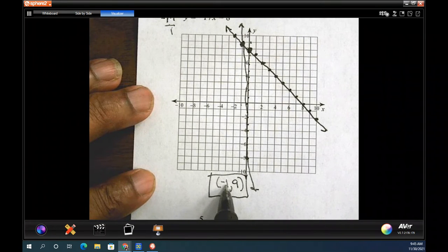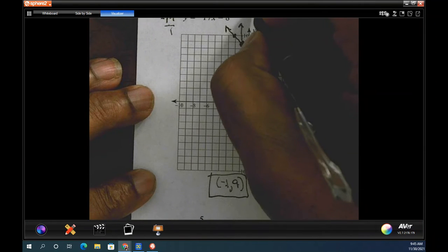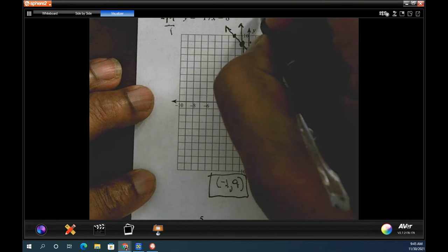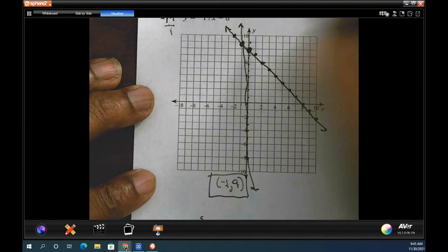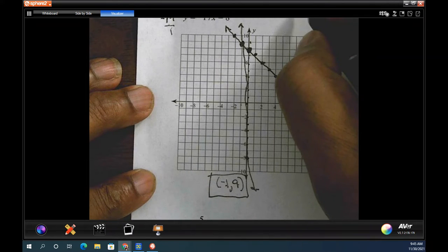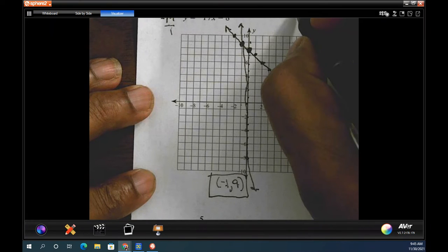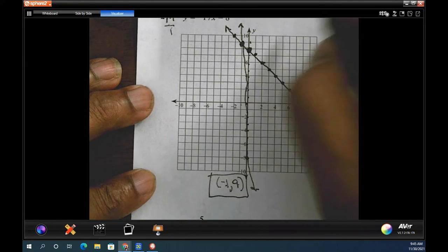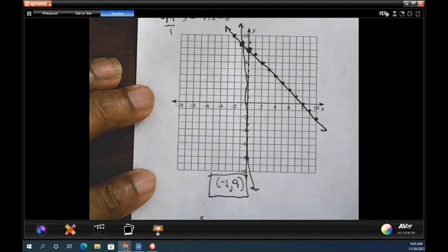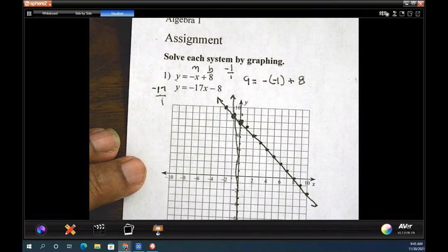Whenever I put in -1 into the equation, I should get 9 for both of them. So I can write this out. Write it down. 9 is equal to, put -1 in for x, plus 8. All right. We good?